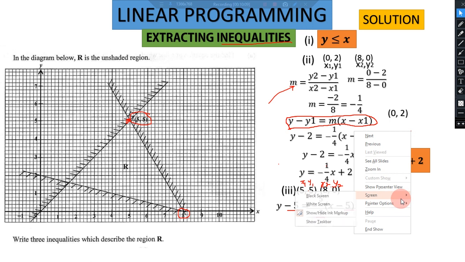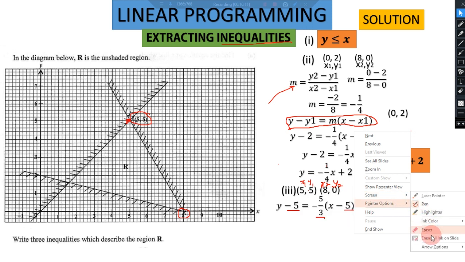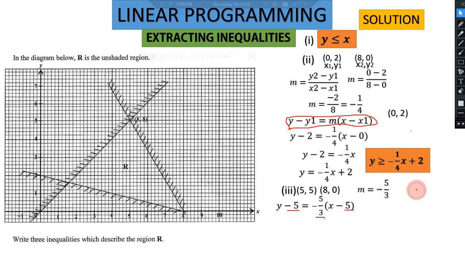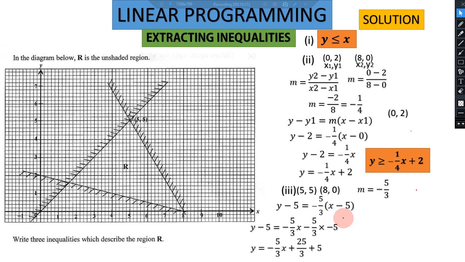Once you are done doing that, the next thing you are going to do is to simplify. When you multiply negative 5 over 3 times x, it will be negative 5 over 3x. Then multiplying negative 5 over 3 times negative 5 will give us 25 over 3.